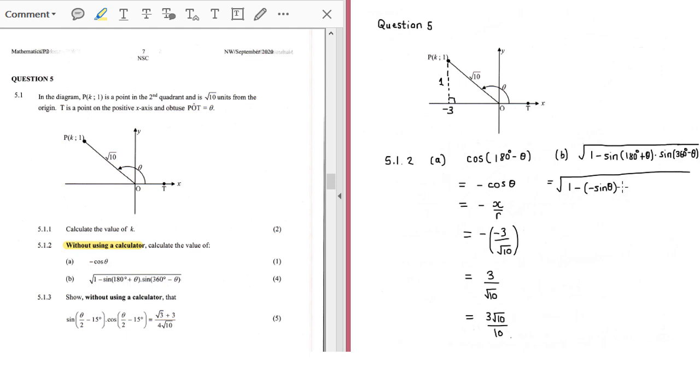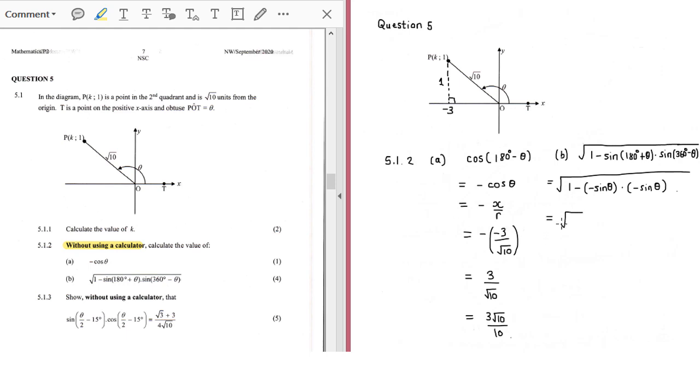And this is times, 360 degrees minus theta is in the fourth quadrant. Sine is still negative in the fourth quadrant, so this thing reduces down into negative sine of theta, like that.